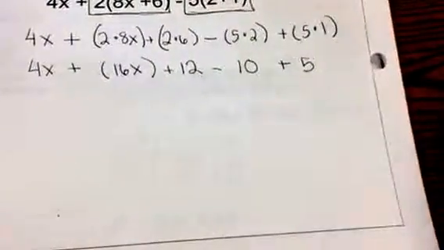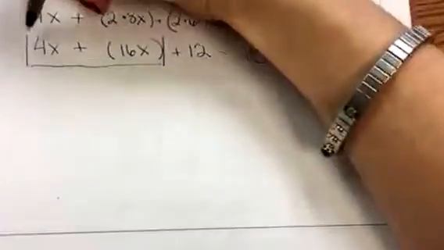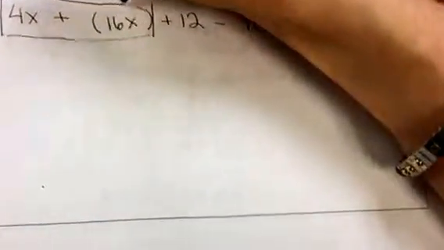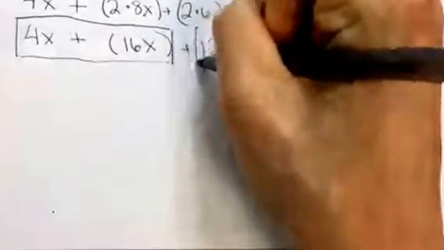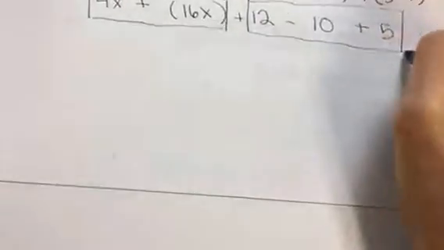Okay, so now what I'm going to do is I'm going to combine my like terms. So that means I can combine my x terms. Now, remember, we don't know what x equals to, and that's okay. We have 4 of something and 16 of something. These are separate because there's no variable attached to them, so we have to combine them, but we're going to keep them separate from the x's.